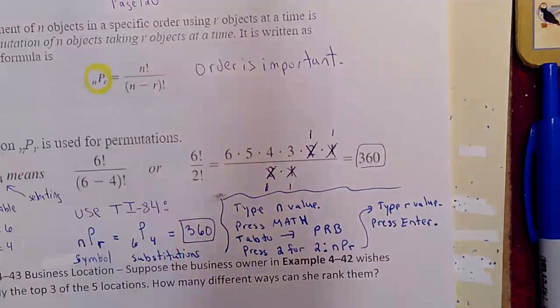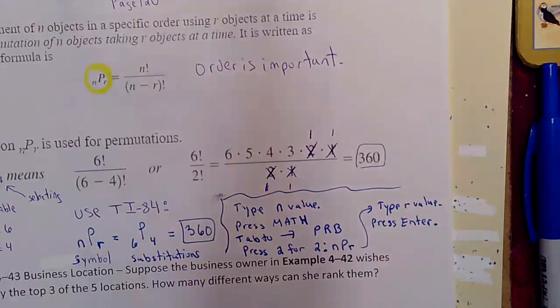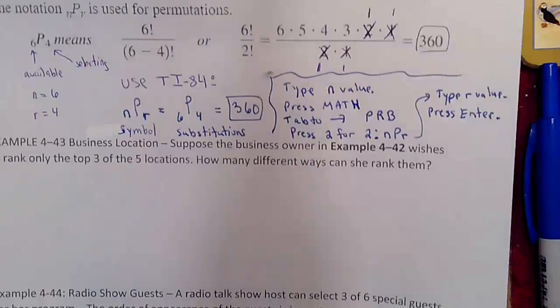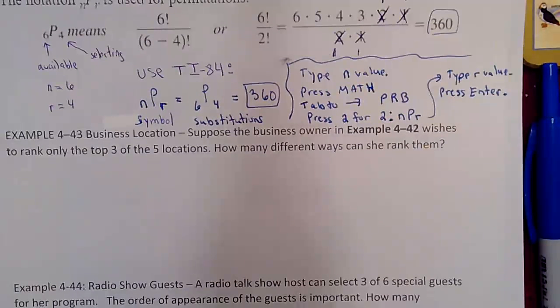Okay, so now we're going to show you how these can be worked with applications. Remember to keep in mind that these next 3 problems are examples where order is important. First, business location.